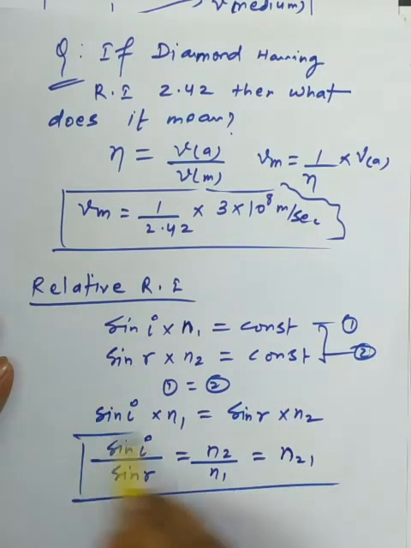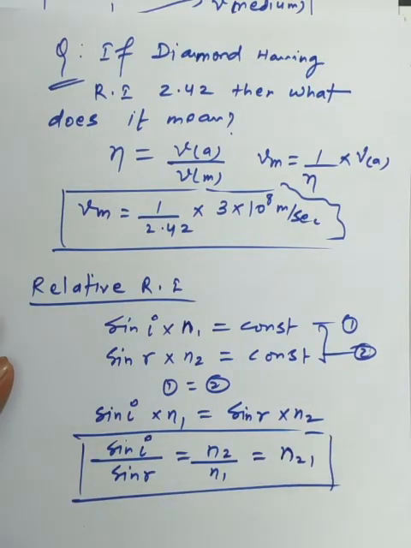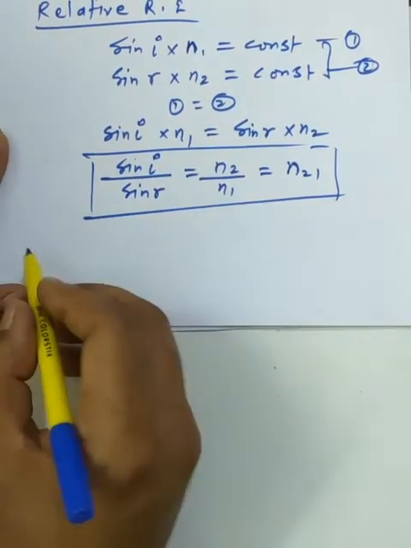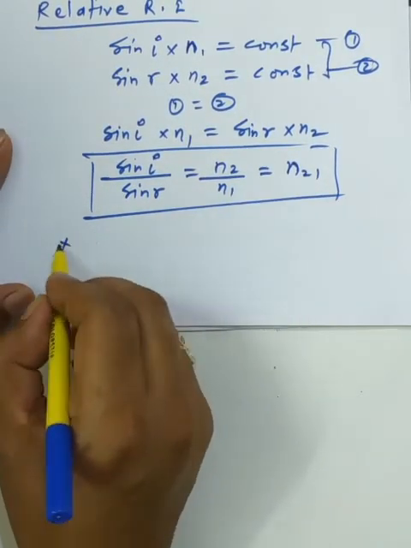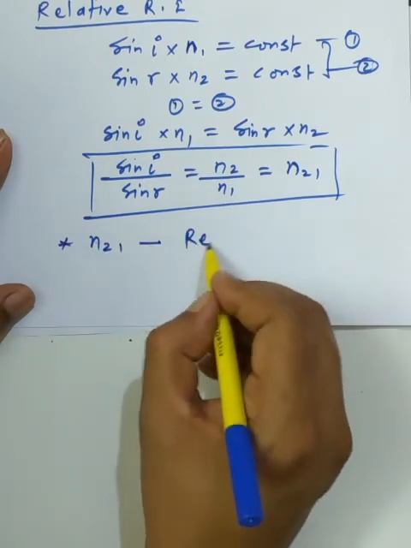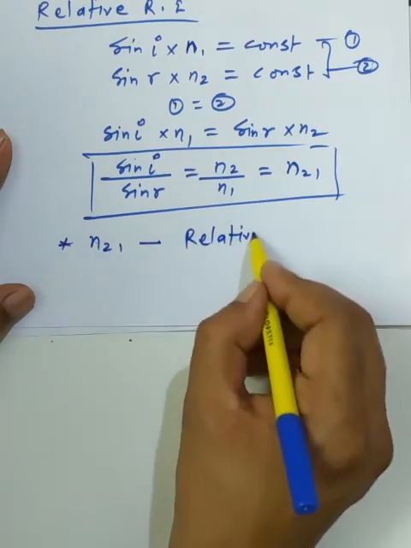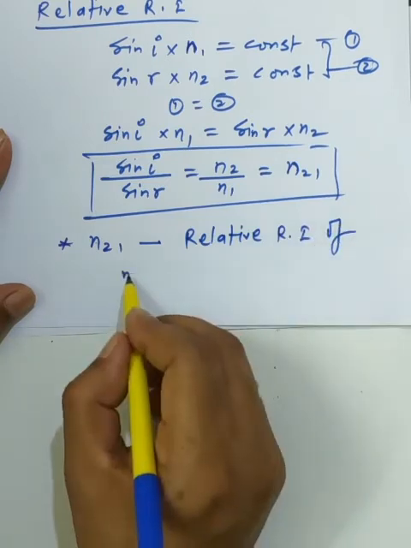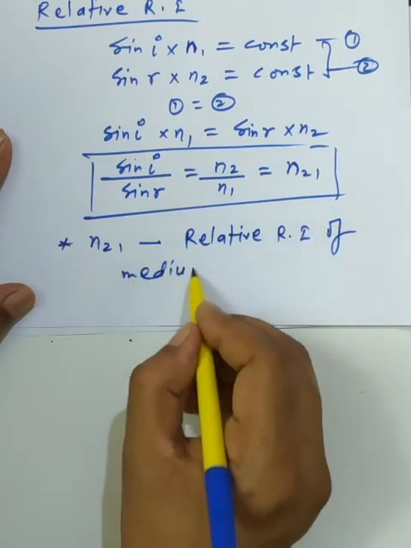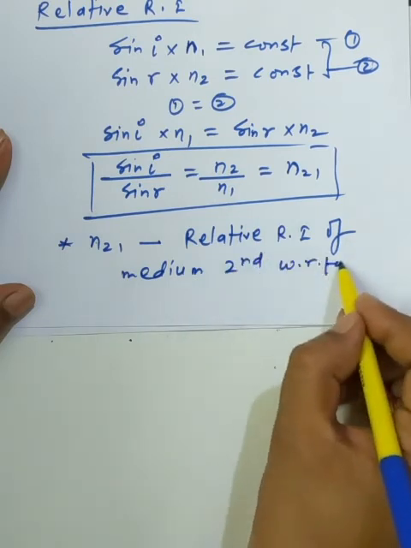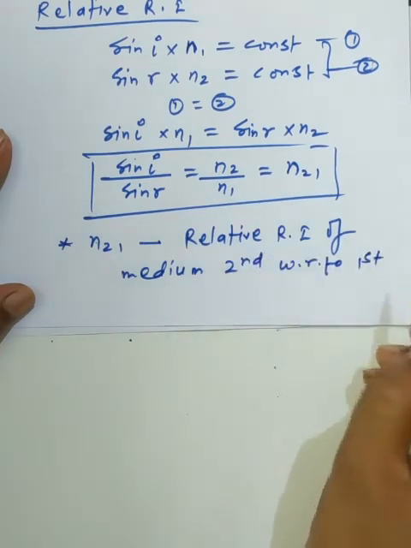This relation has several physical significances, and one by one we are discussing them. Generally n21 is stated as the relative refractive index of the second medium with respect to the first.